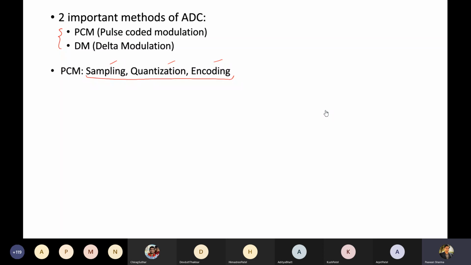Mr. Dwarkesh, can you listen? Hello, sir. Dwarkesh. Yes, so, sir, would you like to add something to what Chirag has just spoken about sampling?